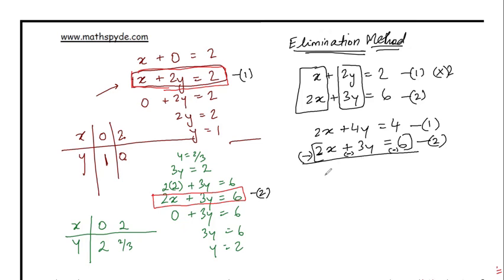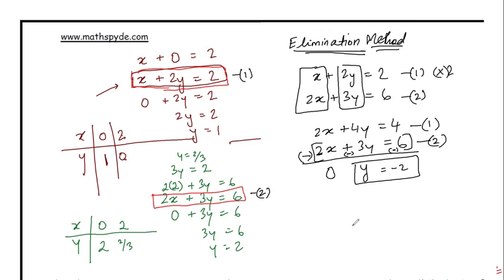So 2x minus 2x gives you 0. 4y minus 3y becomes y. Remember, when I'm subtracting the second equation from the first equation, the entire second equation I need to multiply with a negative 1. So that's what I've done here. So 4y minus 3y is y, and 4 minus 6 is minus 2. And this is using the elimination method.